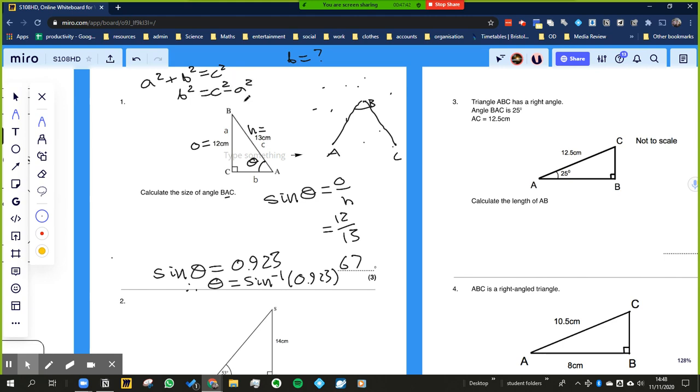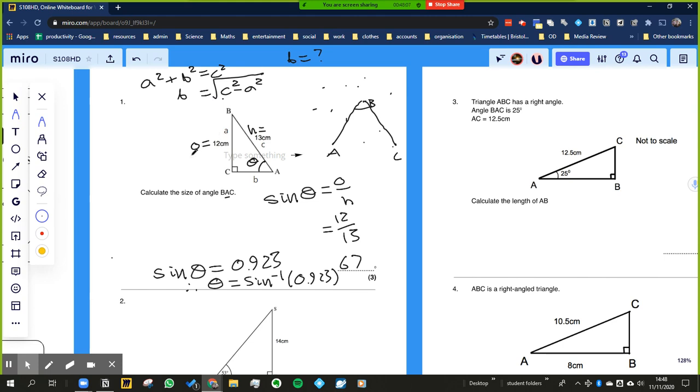That's not b though, that's b squared. So what do I do next? I square root b squared, which means I've got to square root the bit on the right. Because I've got a nice whiteboard app, I can just delete that squared symbol and then draw the square root symbol on the right-hand side like that.